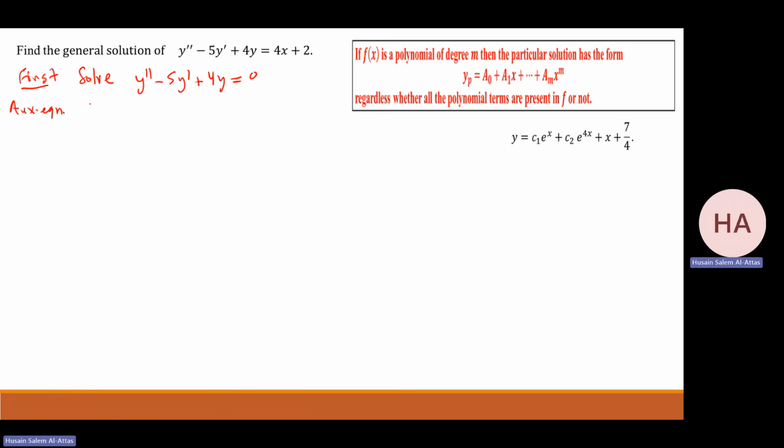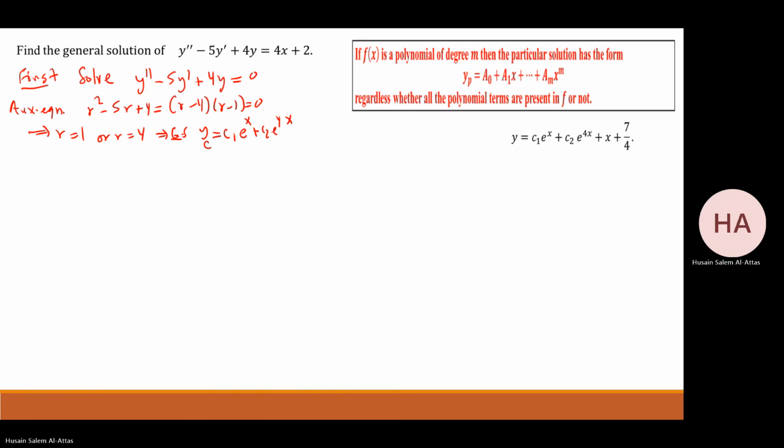Auxiliary equation: r squared minus 5r plus 4, that would be r minus 4, r minus 1 equals 0. So I have r equals 1 or r equals 4. So my general solution, which we'll call yc, is c1 e to the power x plus c2 e to the power 4x.